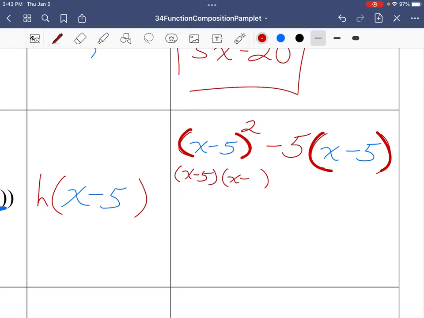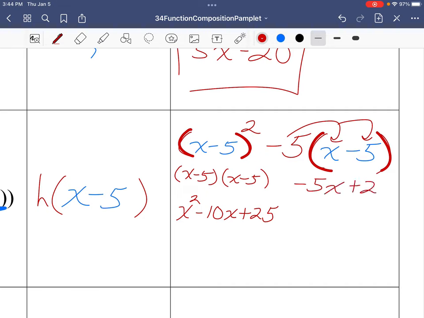Remember, that's the same as x minus 5 times x minus 5, which is going to be the same as x squared minus 5x minus 5x, which is minus 10x, plus 25. But I still have negative 5 to distribute over here. And if I distribute that carefully, I get negative 5x plus 25.